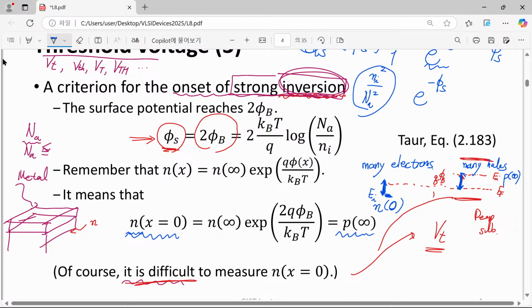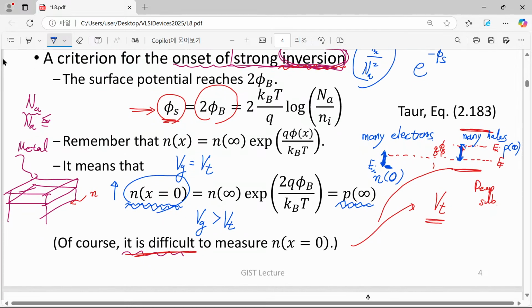Now electron density is equal to the substrate hole density. This is the case where gate voltage equals threshold voltage, and if we apply a gate voltage even higher than threshold voltage, then we will have higher band bending and electron density will increase further. So further increase means we have full electron densities nearby this oxide silicon interface.